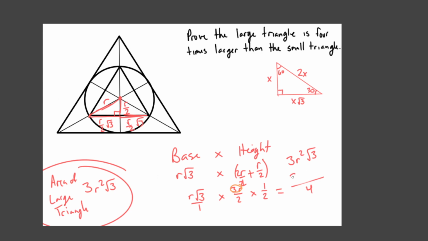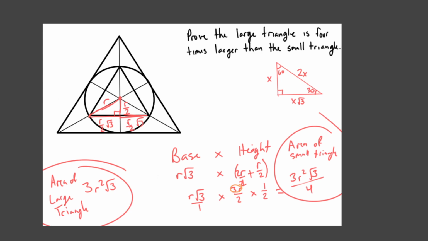So now I'm just going to copy this same thing. 3 times r squared multiplied by the square root of 3 over 4. And that is the area of my small triangle.